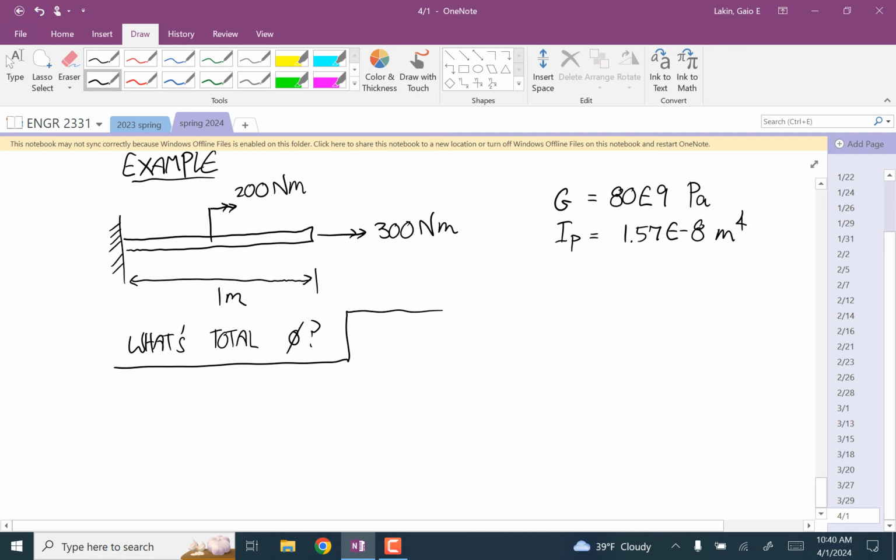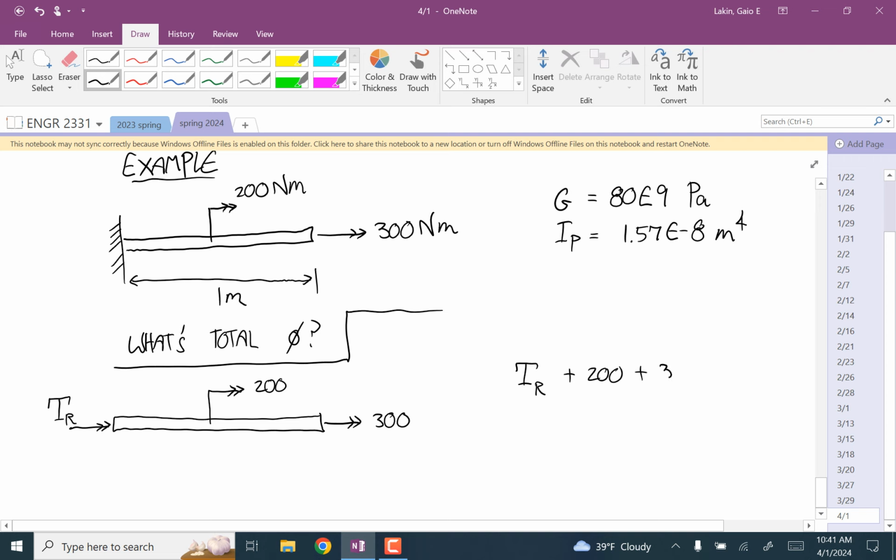Well, first we have to figure out what that external torque is. So we have 300 here, 200 here. This is our reaction torque at the wall. So the x component of the moment equation says T_R plus 200 plus 300 is equal to 0.